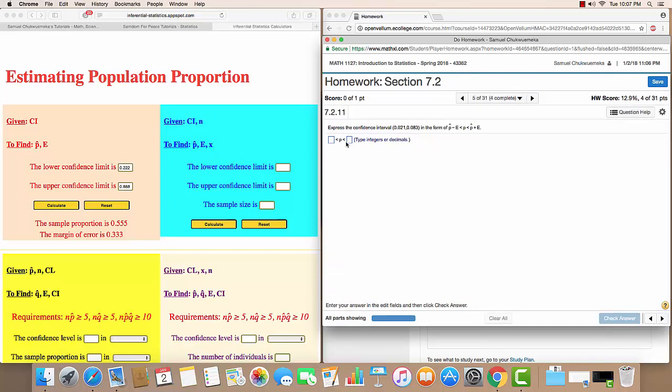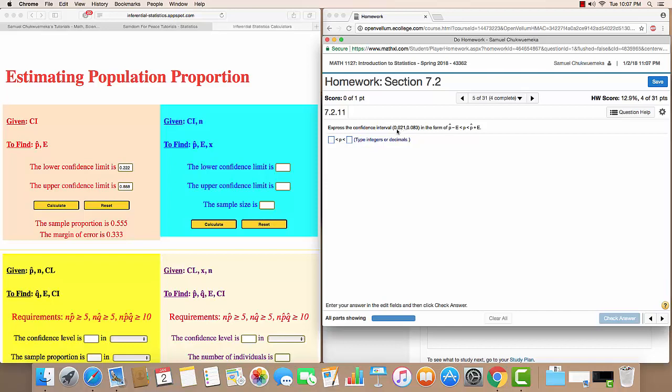All right. Question 5. StatCrunch. Express the confidence interval in this form. One of the ways of writing a confidence interval is actually in this form. So this is already in the form. We have 3 ways of expressing confidence intervals.